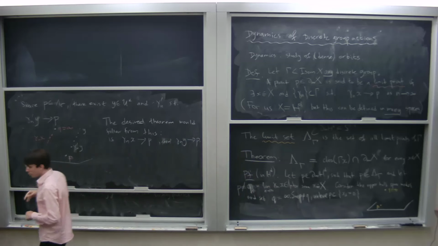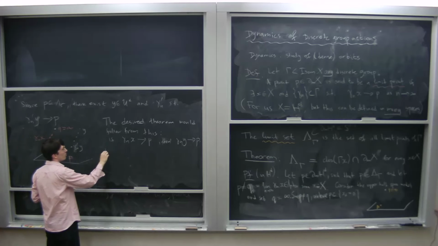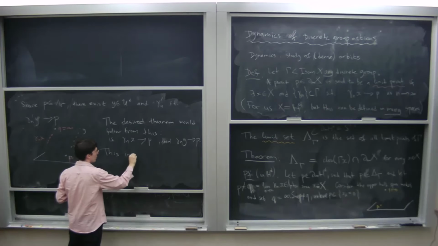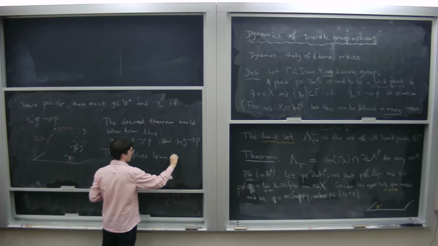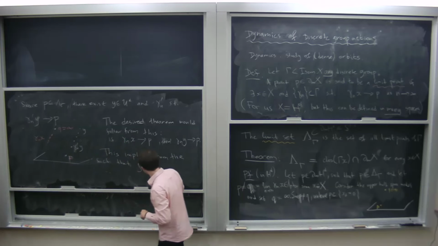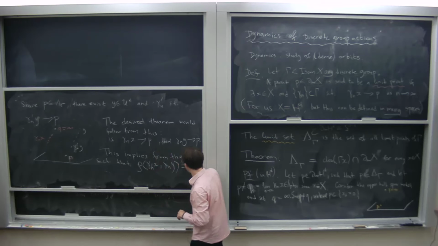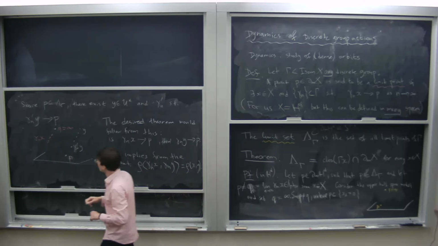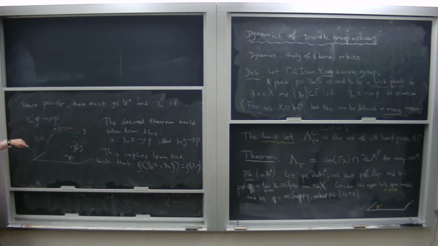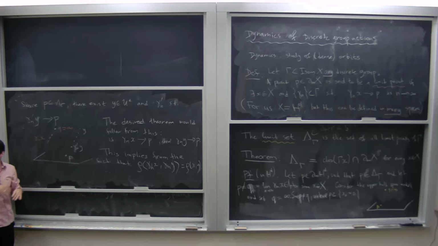We assume that it is not true, but this implies from the following, from the fact that the distance between gamma_n X and gamma_n Y is equal to the distance between X and Y. And on the other hand, I cannot have two different limits, because at some point I will have really different d-coordinate. I basically can measure the convergence by the level, right?